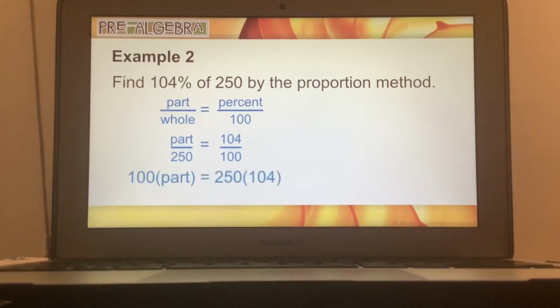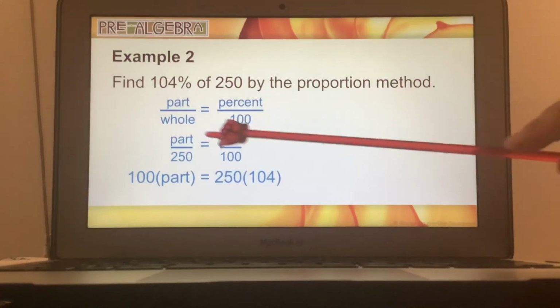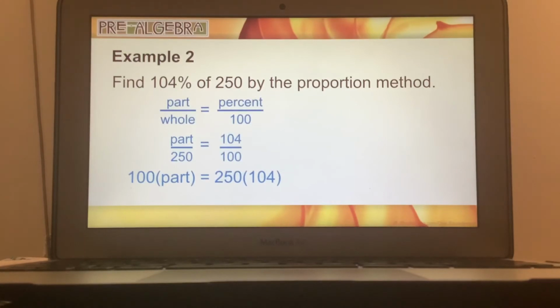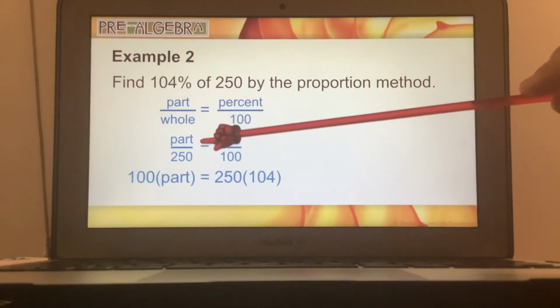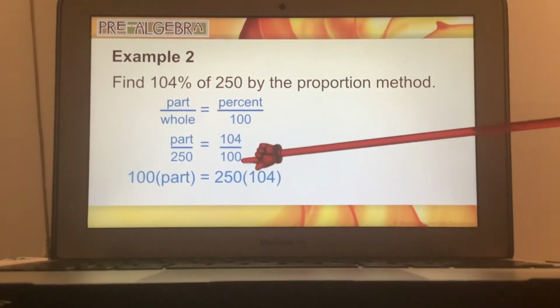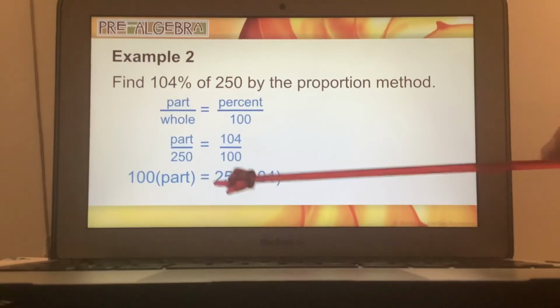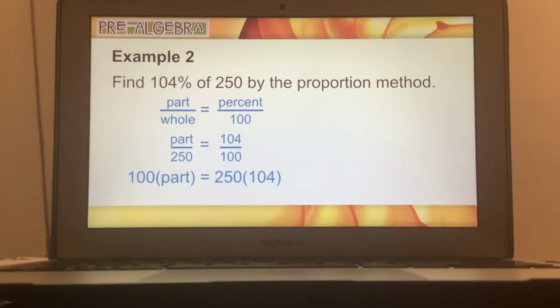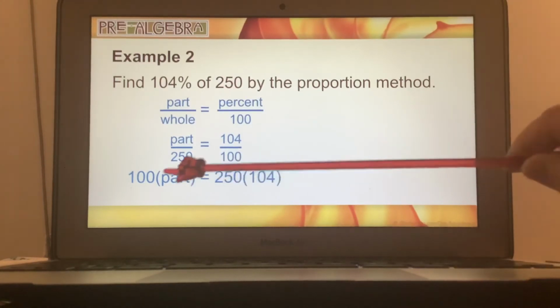Now you can calculate, cross multiply, just like we did in the opening examples. The part would be your x, and then you multiply by 100. And that's equal to 250 times 104, right there. And then we want to find out what the part is, right?